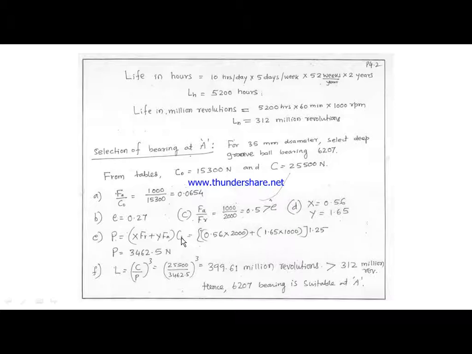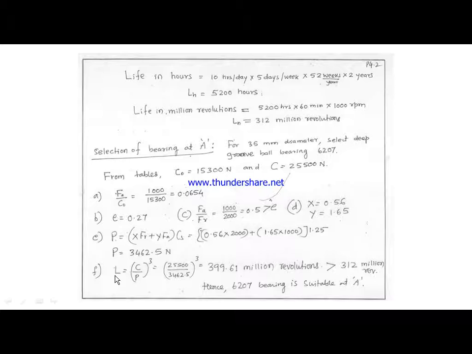Now here you see a slight modification: X into FR plus Y into FA, into service factor CS. So if service factor is given, you multiply this whole thing by service factor CS. By using all the known parameters, you get the equivalent load as 3462.5 Newton.